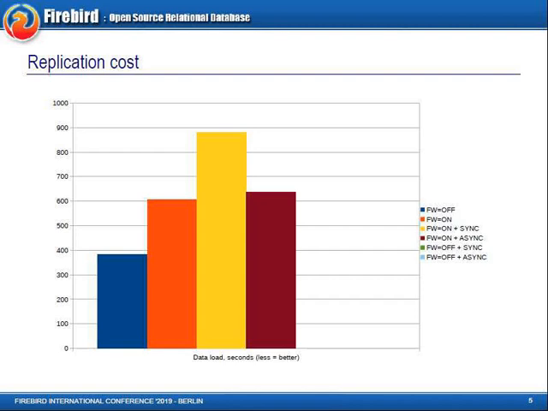Okay, but let's consider a different use case. If you turn forced writes off for your master database, but keep it on the replica side, here we see an interesting picture. Performance is almost the same as with Firebird running without replication at all and with forced writes turned off. It's really fast, almost the maximum possible performance.